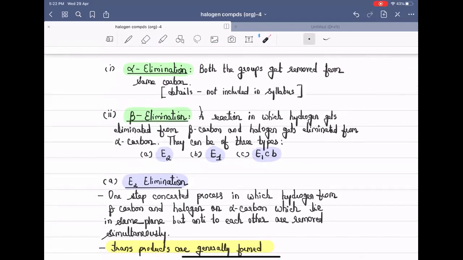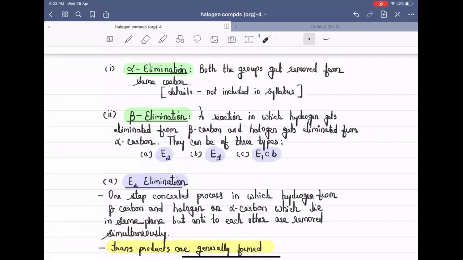generally hydrogen is eliminated from beta carbon and halogen gets eliminated from alpha carbon. And they can be of three types: E2, E1, and even CB. This is very similar to SN2 and SN1, as in you have E2, right, which is very similar to SN2, where the process takes place in one step, E1, where the process takes place in two steps.